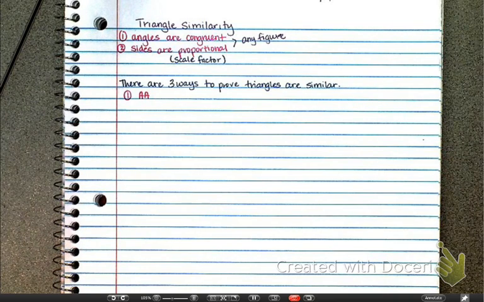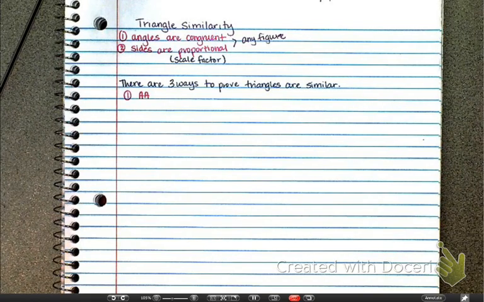Who remembers that theorem that says if 2 angles in one triangle are congruent to 2 angles in another triangle, then the third angles have to be congruent? Does anyone remember that name? The third angles theorem. So if 2 of the angles are congruent, we know those third angles have to be congruent.